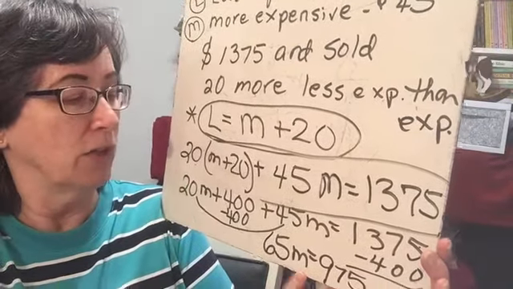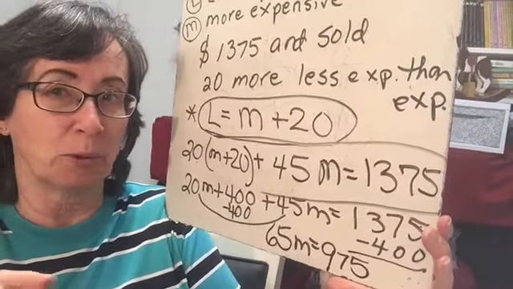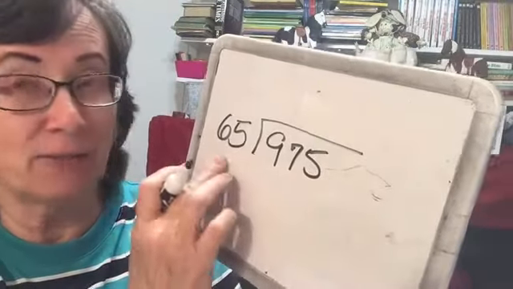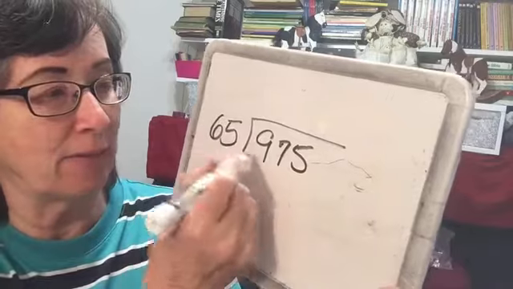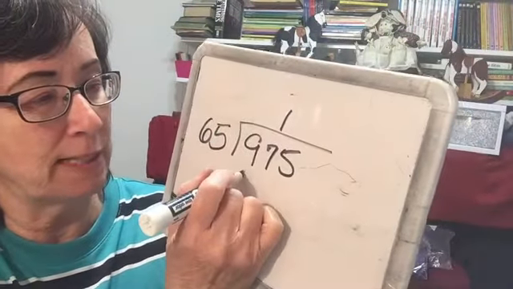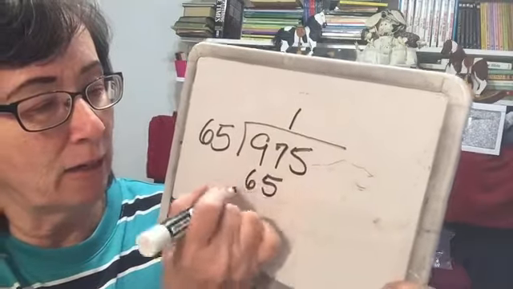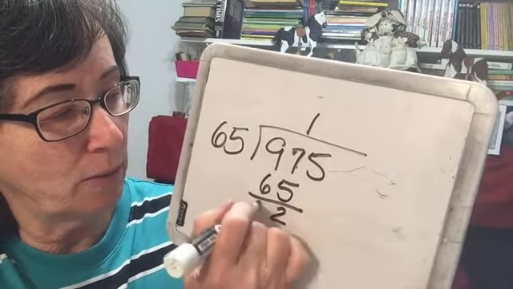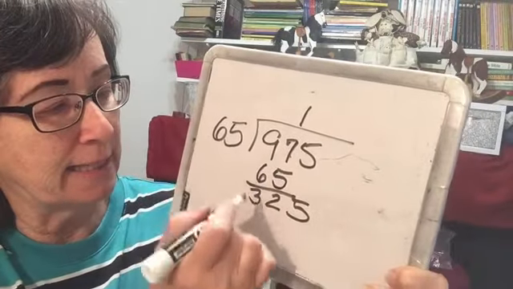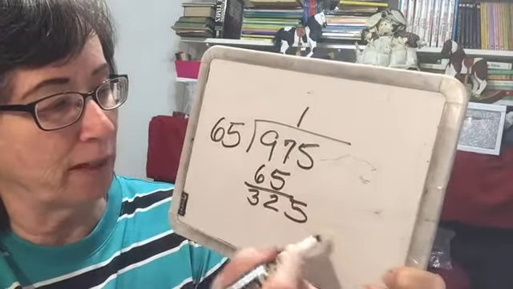Okay, so I'm going to get a little board to do that. Okay, so here we have 975 divided by 65. 65 will go into 97 one time. 1 times 65 is 65. We subtract 2, 3, bring down our 5, and 65 goes into 325.